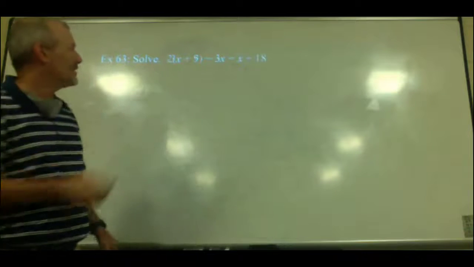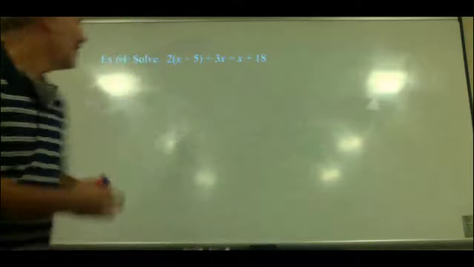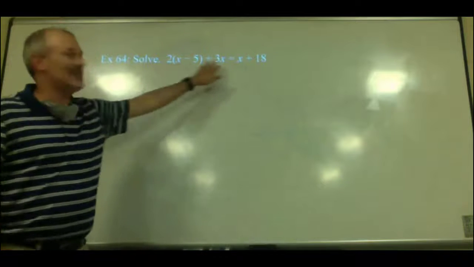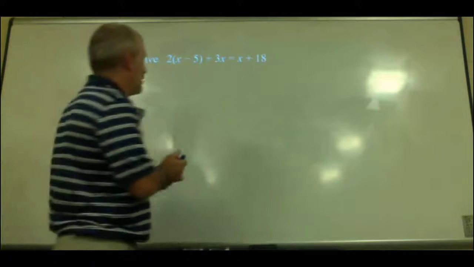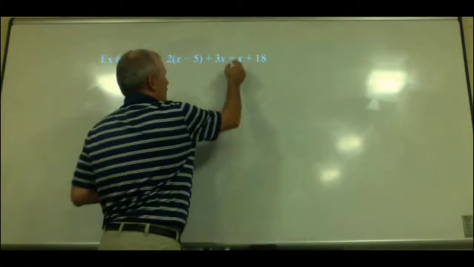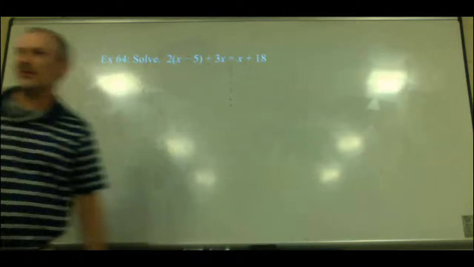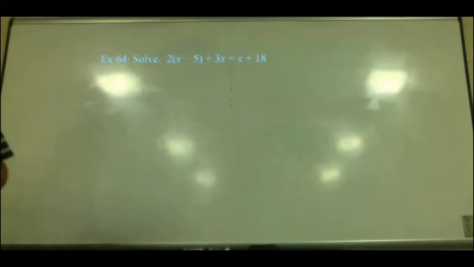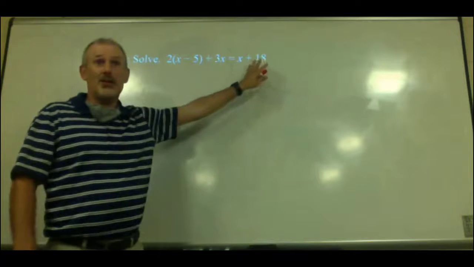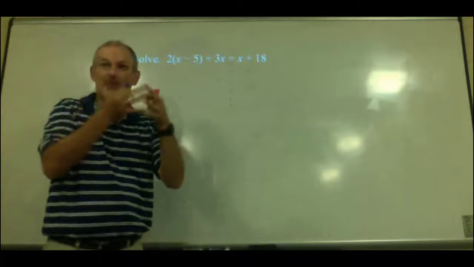Well, now that we get to this one, notice we have multiple x's on this left-hand side, right? I'm going to go ahead and draw our dividing line again. We've got multiple x's on the left-hand side, along with an x on the right-hand side. We can't simplify the right-hand side.